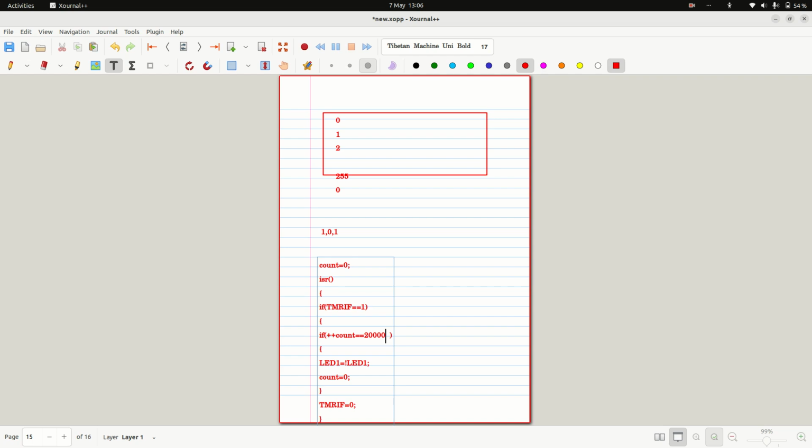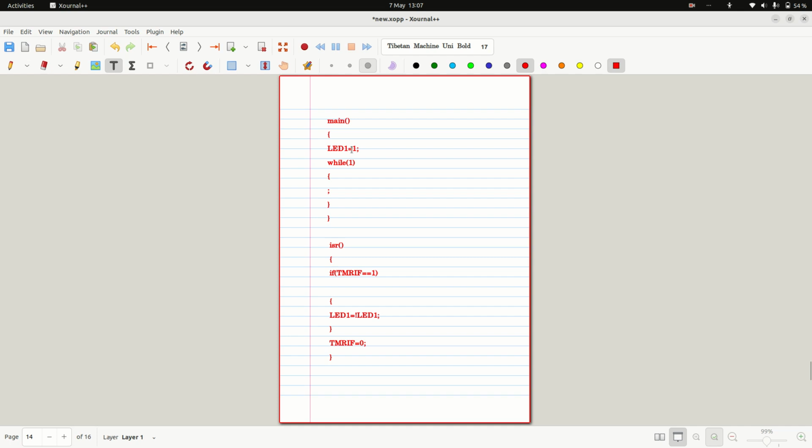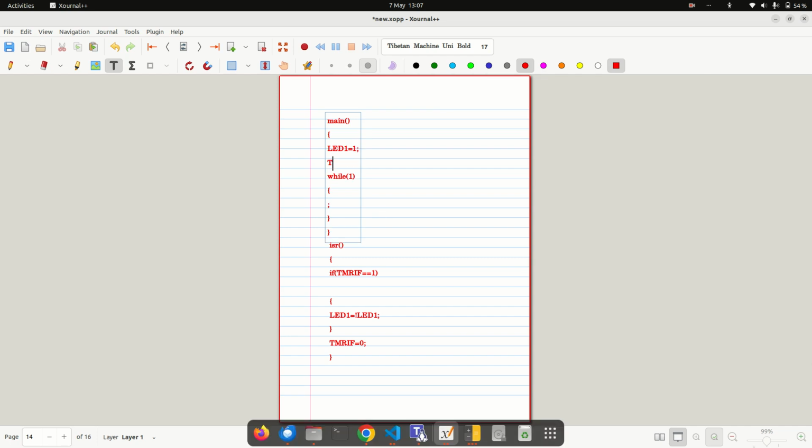So before that, one thing I wanted to tell you. So what should timer register loaded with? The timer register loaded with 6. So in the main function I am going to write TMR equals to 6.